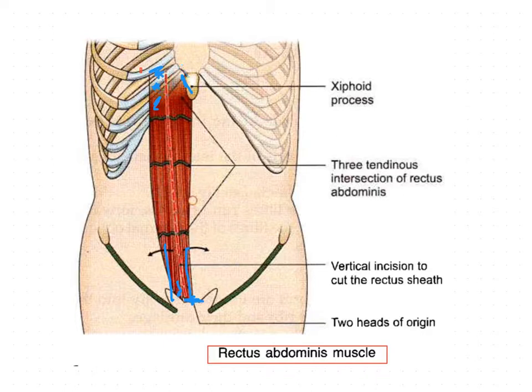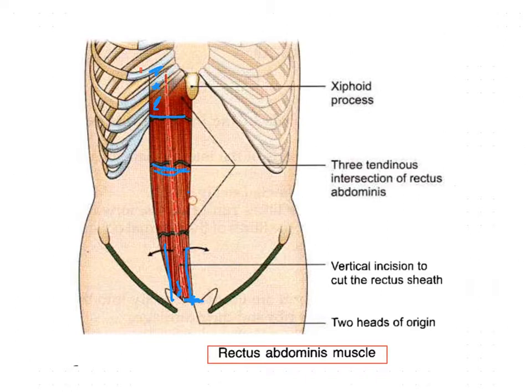The positions of the intersections are: one is at the level of the xiphoid process, and another is at the level of the umbilicus.